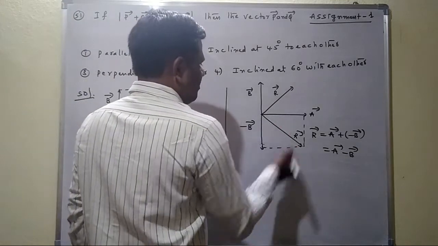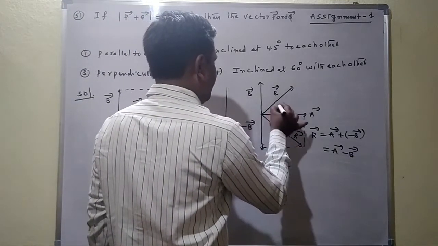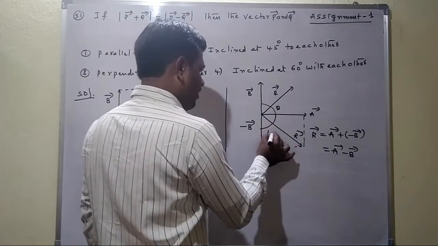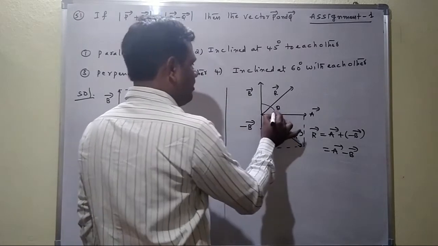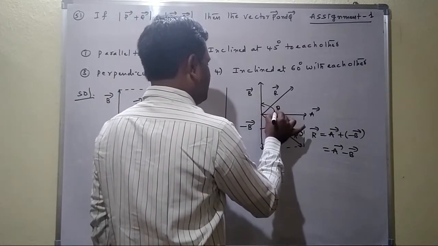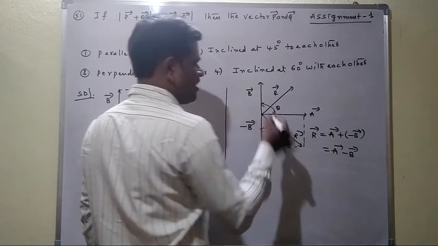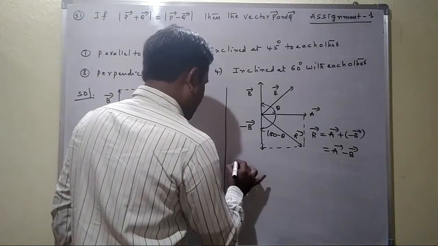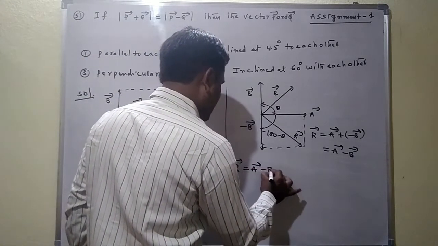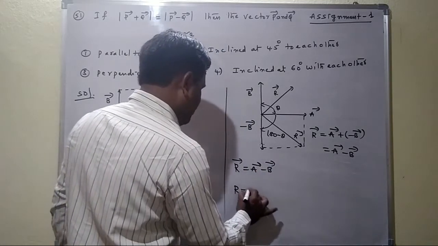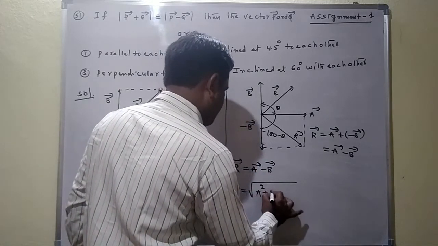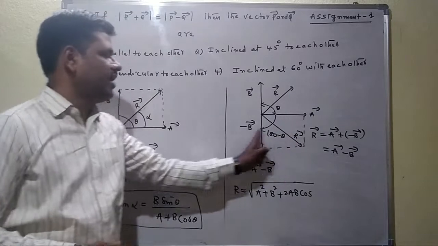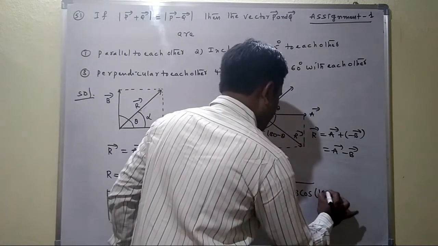The angle between a bar and b bar is theta, so the angle between a bar and minus b bar is 180 minus theta, because the total is 180. So the resultant vector r bar is equal to a bar minus b bar, and its magnitude can be written as under root of a square plus b square plus 2ab cos, where the angle between a bar and minus b bar is 180 minus theta.